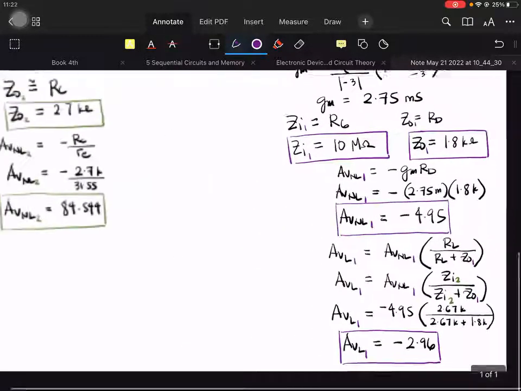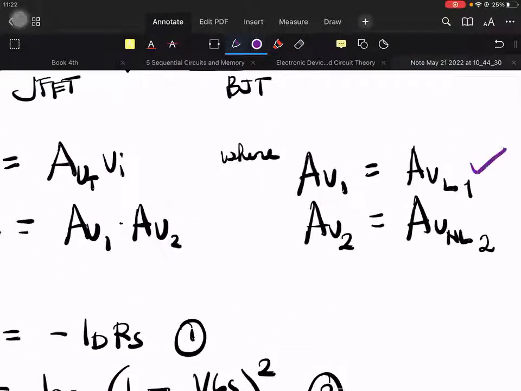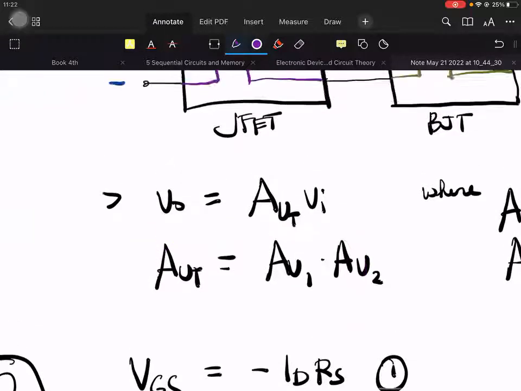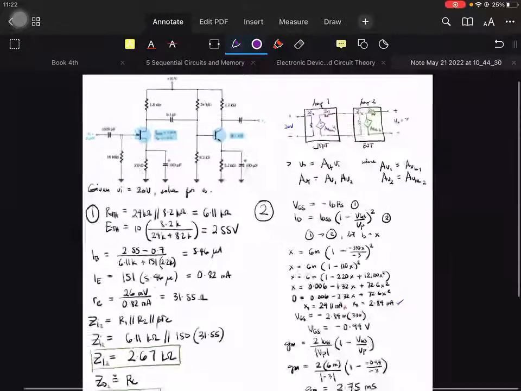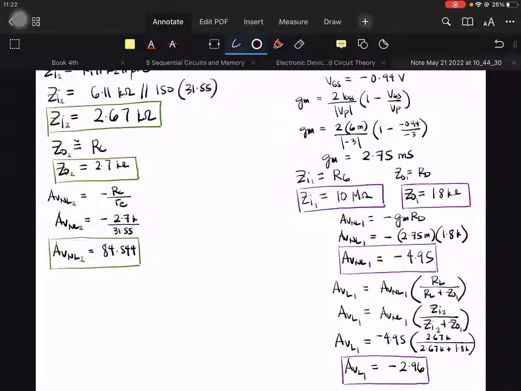So check this: we have AVL1 and AVNL2. Multiply the two to get AVT.